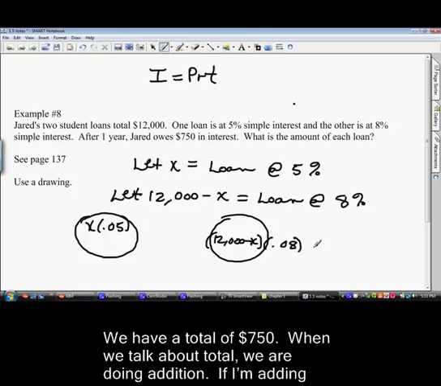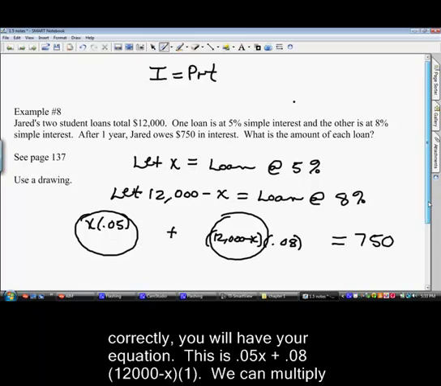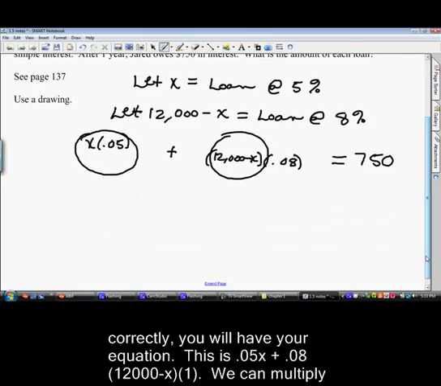Now, anytime you talk about total or something that is all together, we are doing addition. So if I'm adding the amount of interest of this loan and the amount of interest of this loan, I'm going to plop a plus sign between them. And we know that those interests, the 2 interests together, are equal to $750. Now, if you've drawn your picture correctly, you will actually already have your equation worked out for you.